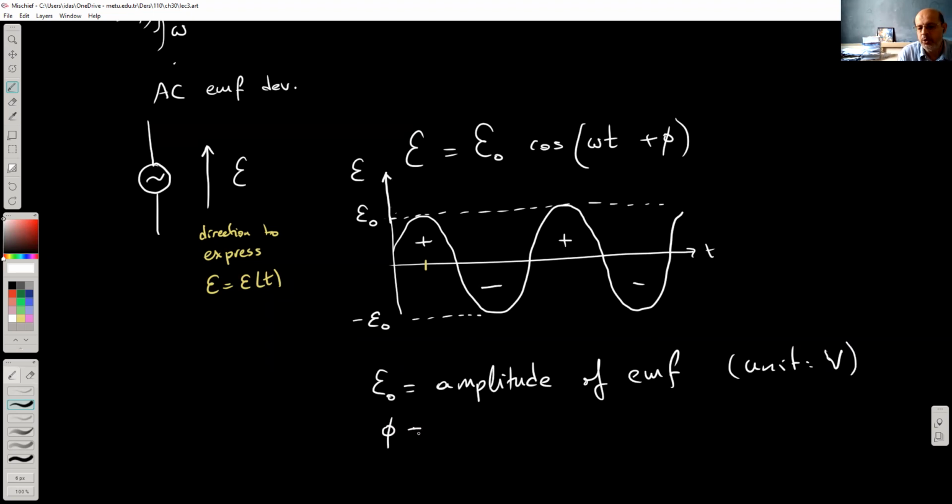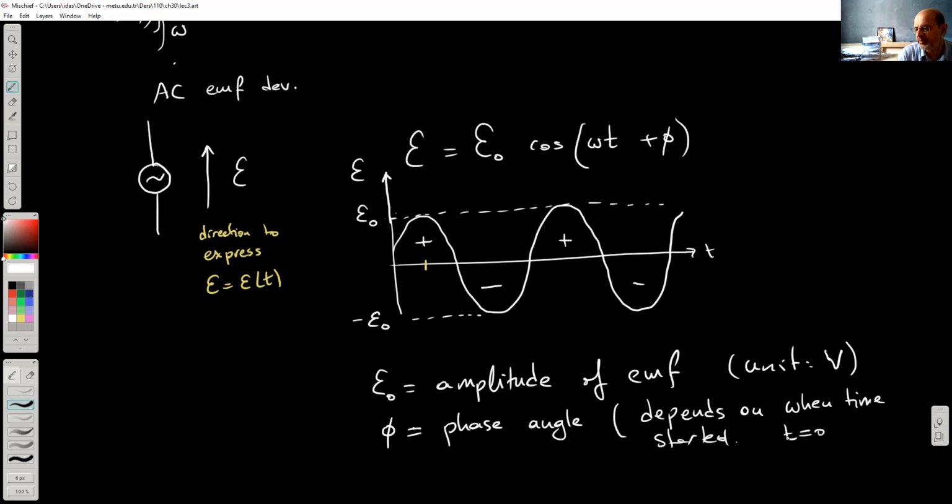Phi in here is called the phase, or sometimes phase angle. Let's just say that it depends on when time started, all right? I mean, we express the time starting from some initial time. By choosing that initial time, we can choose that phase angle to be equal to 0, for example.